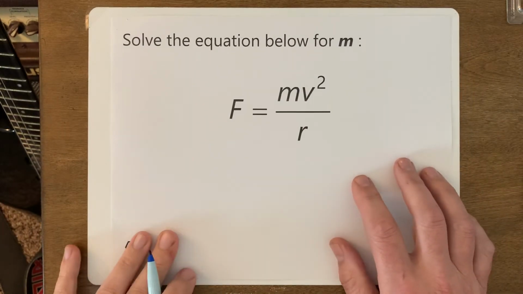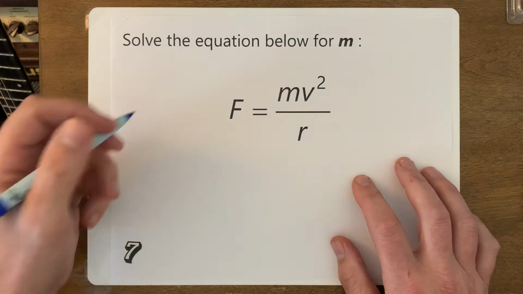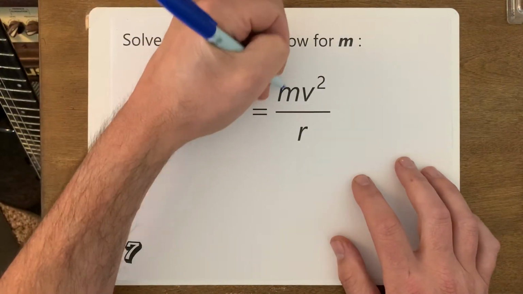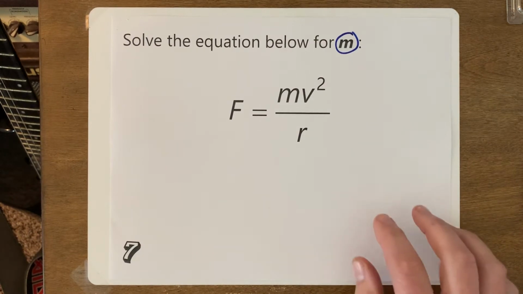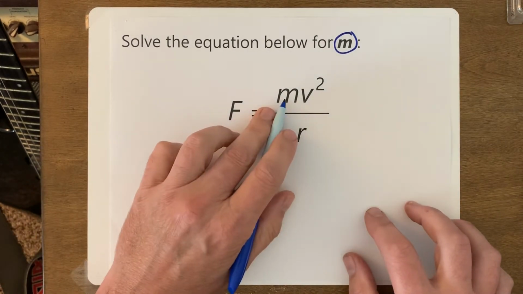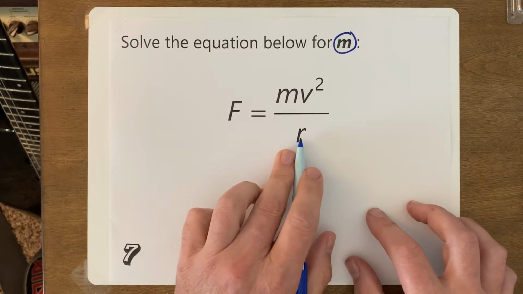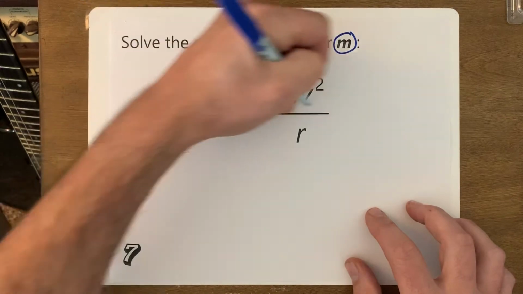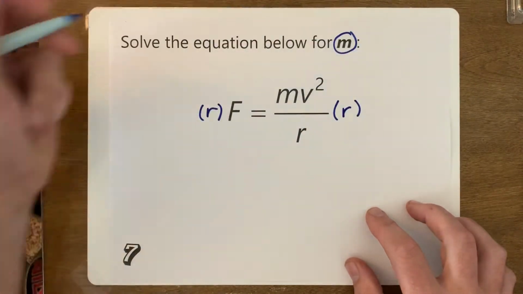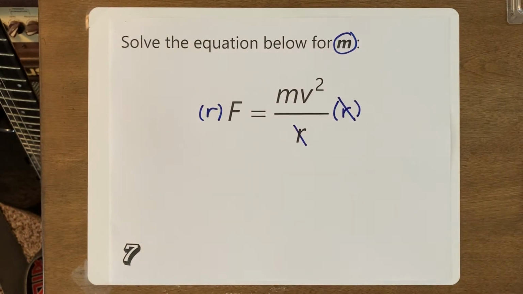Okay, here we have force is equal to mass times velocity squared over radius, and we need to solve for m. So these now are becoming very typical EOC questions. So I want to get that by itself. Well, the v squared holds me up, but the r is really holding me up. So what I want to do is I want to multiply both sides by r. And the reason why is because over here, that's the only way that those are going to cancel out.